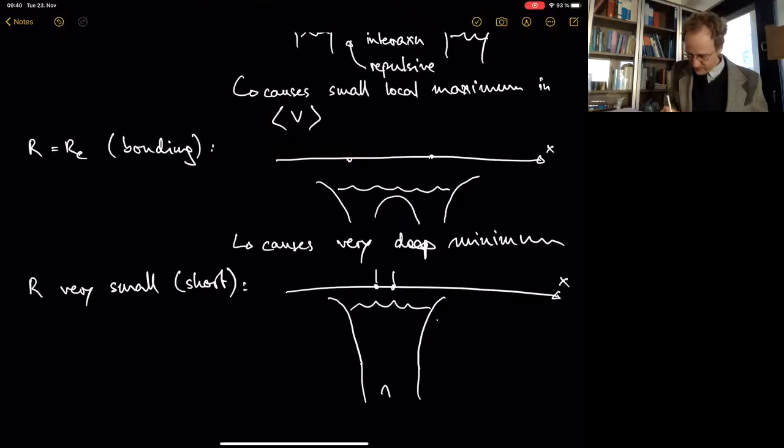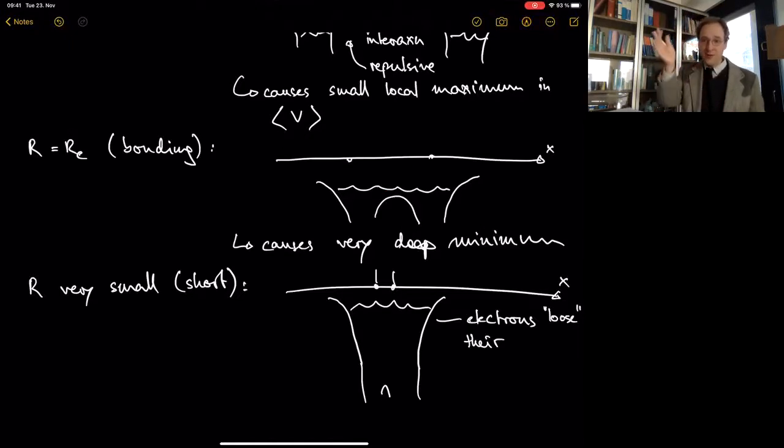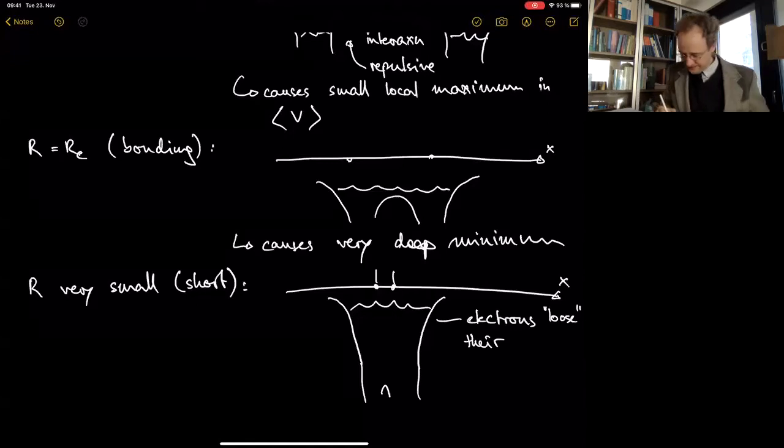So electrons lose their increasing attraction, right? It levels off, you get this parabolic part.